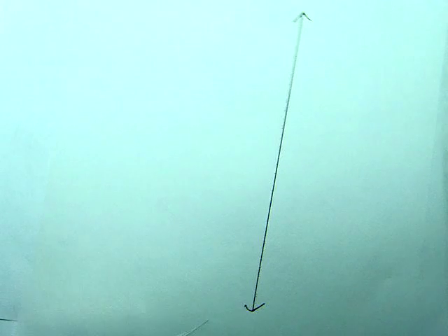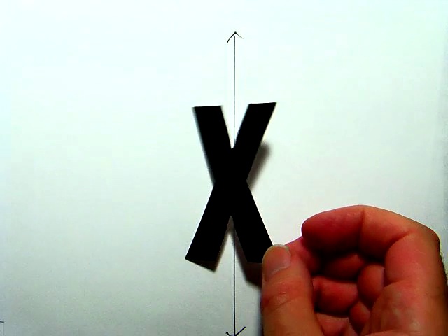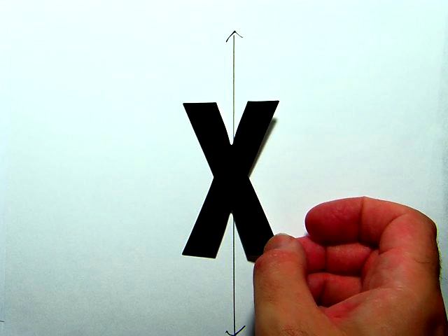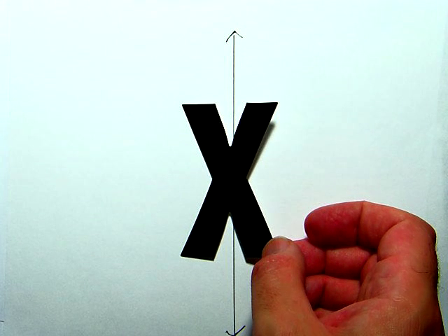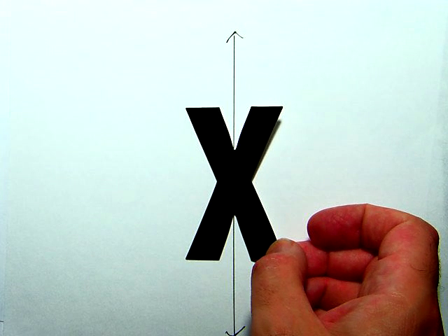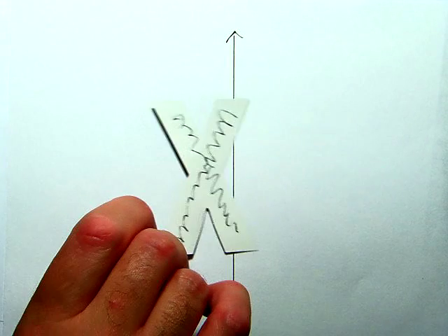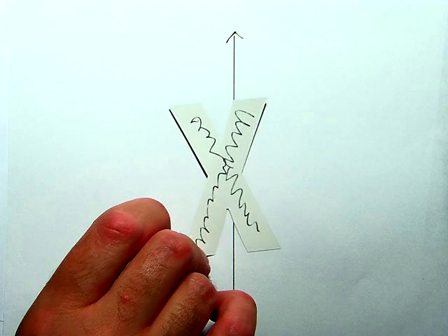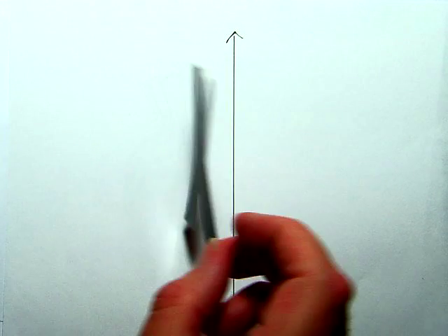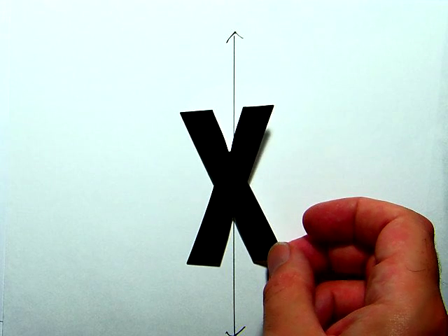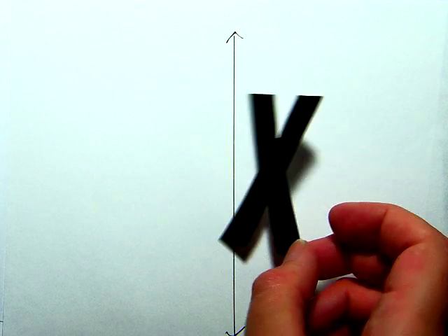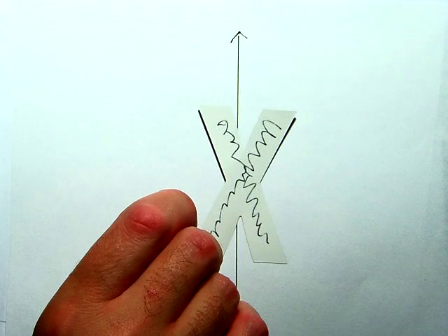So let's put X along a vertical line of symmetry and ask ourselves, does it have a vertical line of symmetry? Let's flip it over this line. Does that still look like the letter X? I'd say so. So X does have a vertical line of symmetry. As we flip it over this vertical line, we still stay with letter X.